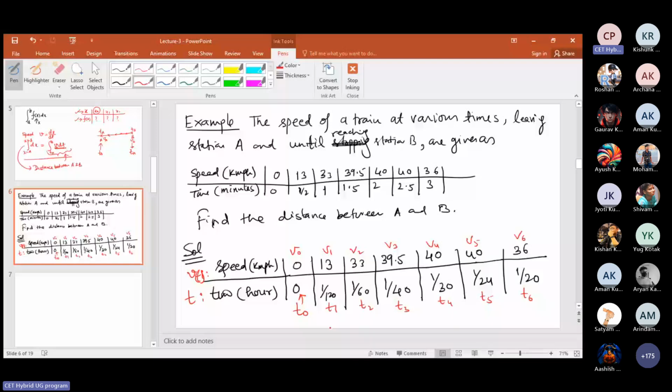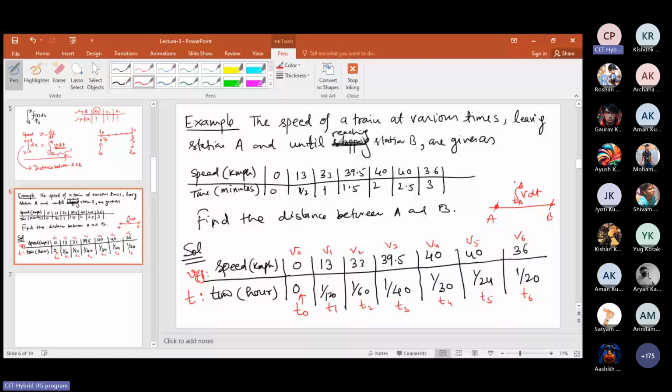All right, so now what we need to do is just find the distance between the 2 points A and B. The distance between these 2 points A and B is nothing but the integral of v dt from A to B, and at A t is equal to ta, at B t is equal to tb.